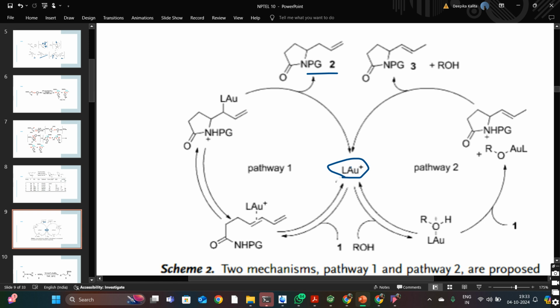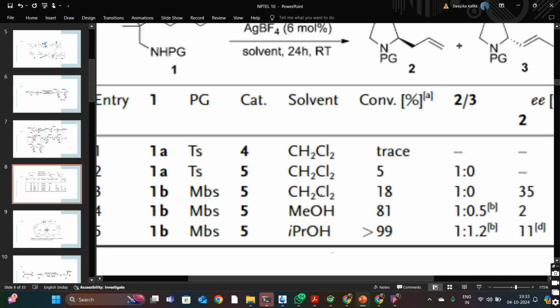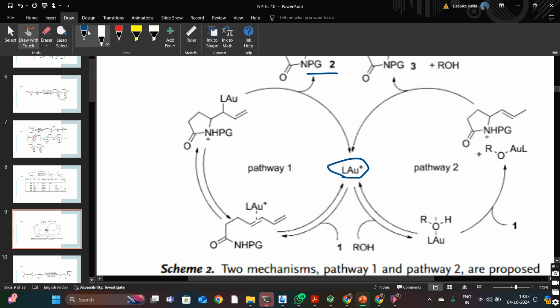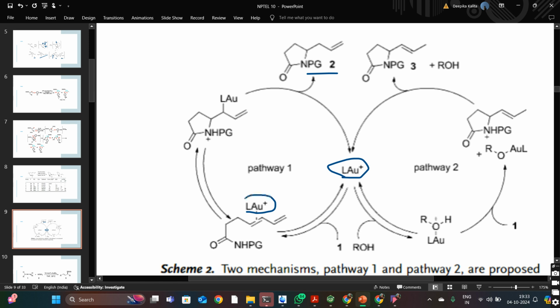Okay, so when we add the protected amine to the reaction medium, we will get the activation of this diene with gold.